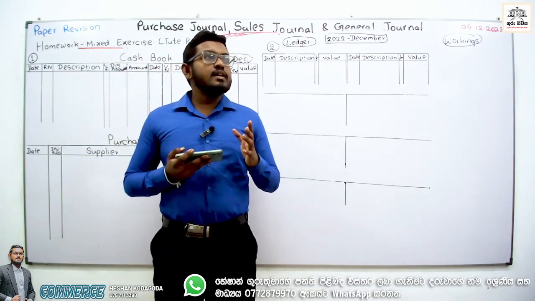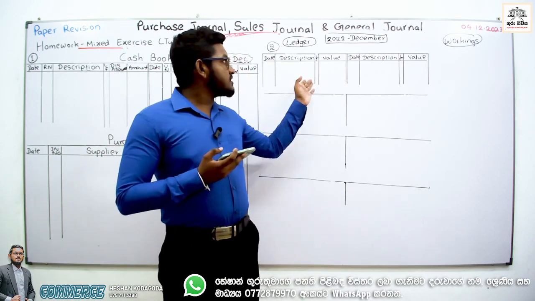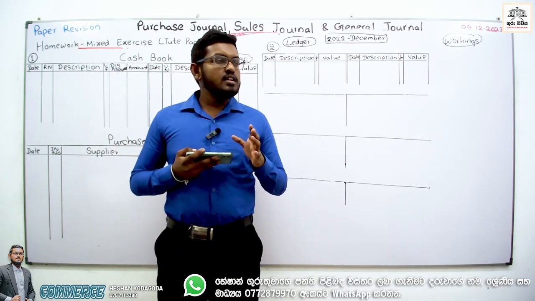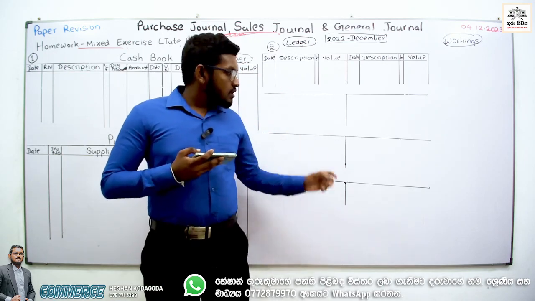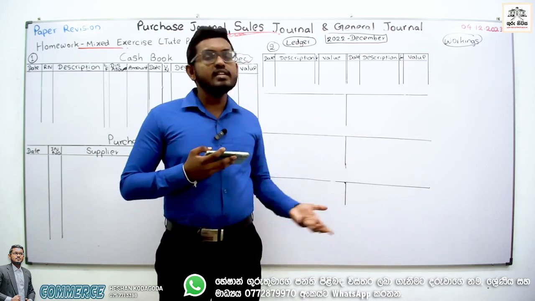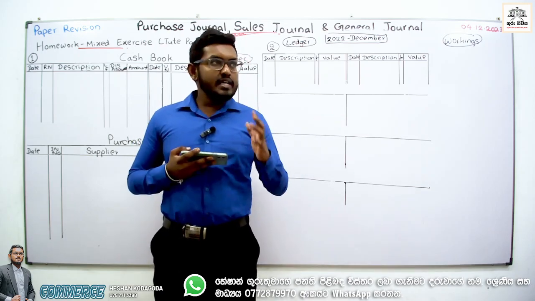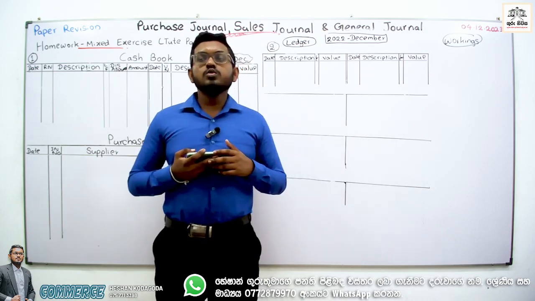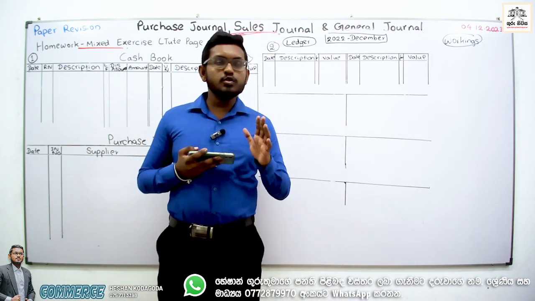In your examination, just draw the first ledger account using the full form. Understand? No need to draw other ledger accounts using the full format. You can draw the T. To reduce our time, I'm going to draw other ledger accounts using T format. Is it clear to you?